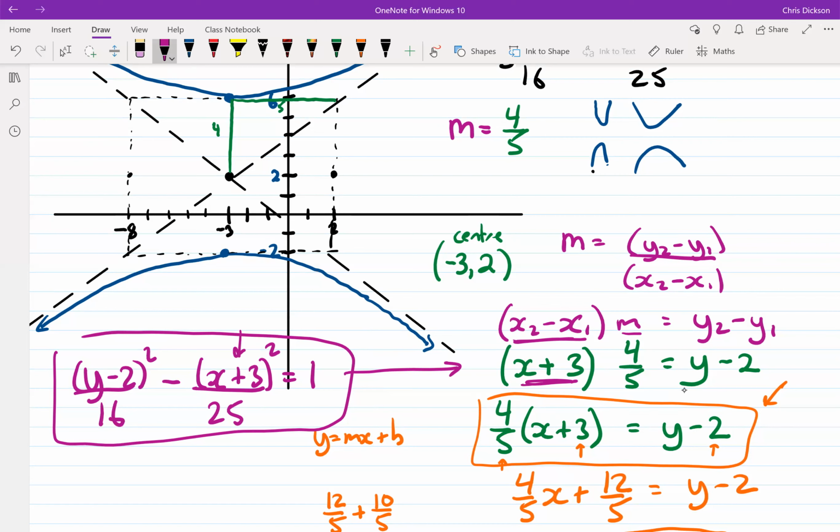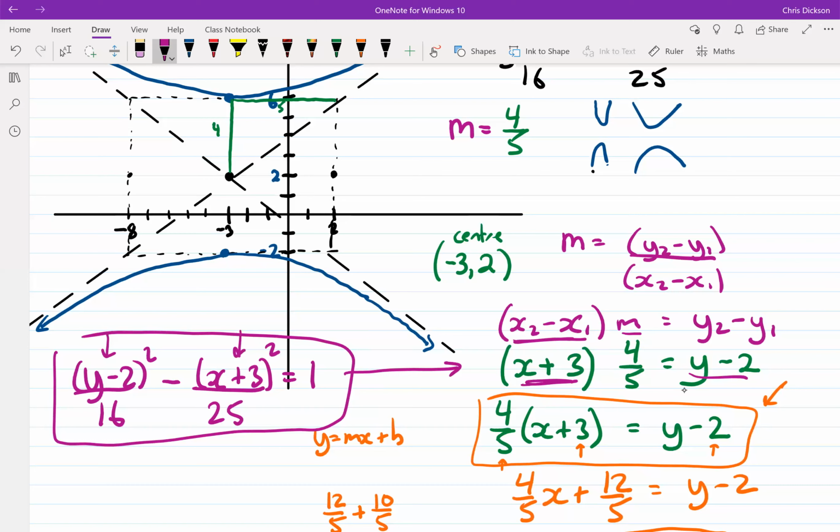And then y minus 2, there it is right there. So you already have that part. So you didn't even have to draw the picture. If you're just asked to write the equation, you could just say, that's my x part, that's my y part. Now, I guess the bigger question is, how would you get the 4 over 5, do you think?